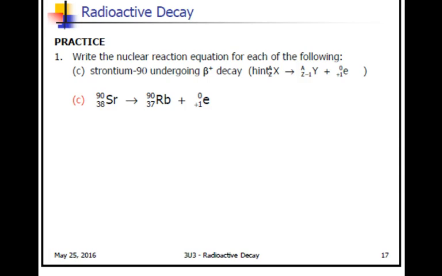In order to give off that +1, we have to drop the Z number, that proton number, the atomic number, 38 by 1. And that brings us left on the periodic table to rubidium. So strontium 90 becomes rubidium 90 plus the positron.